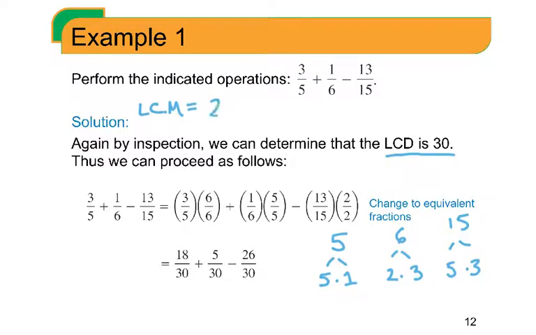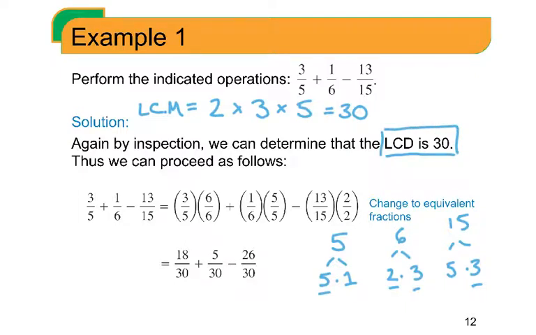So I need a 2, I need a 3, and I need a 5, because those are the 3 primes I see, and each one only occurs one time. So there is my least common multiple, which is the least common denominator.